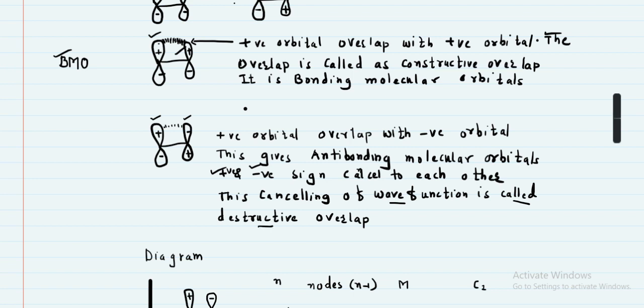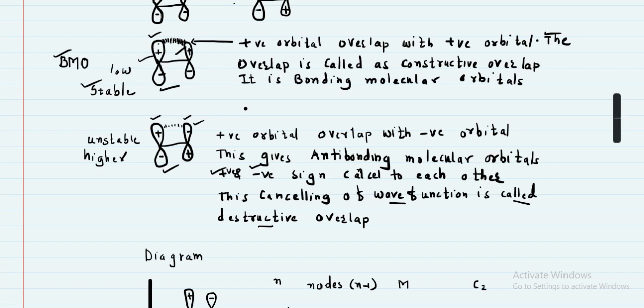If you compare the energy of these two, this one is low energy, and if energy is low it is stable. But the other type of bonding is unstable and has higher energy. Higher energy means it is unstable.